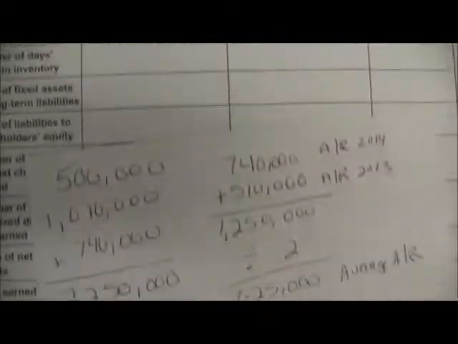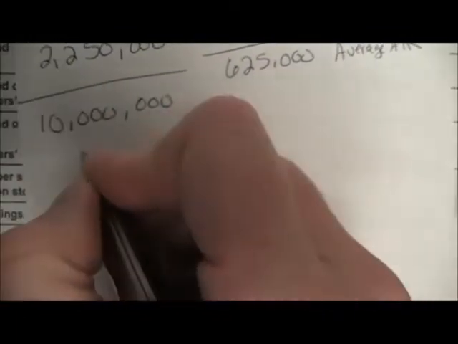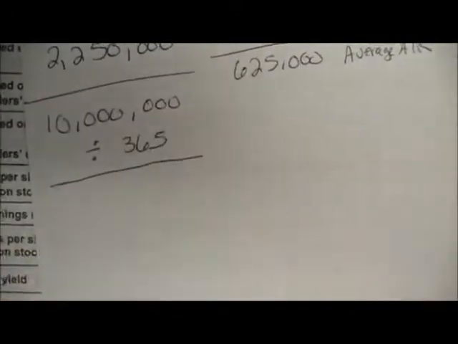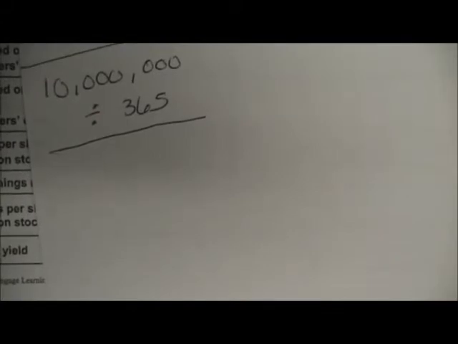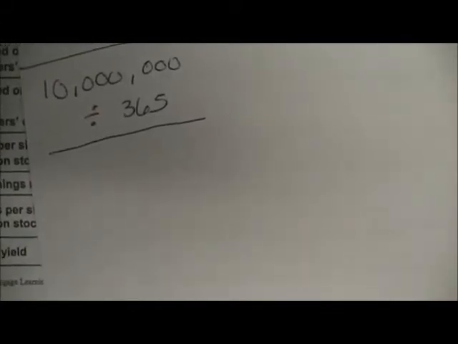So I'm going to come back down to my scrap paper, and I'm going to take my 10 million, and I'm going to divide it by 365 days. And that will tell me what my daily sales were.